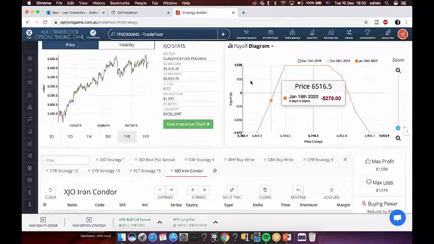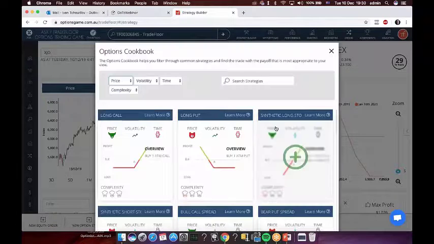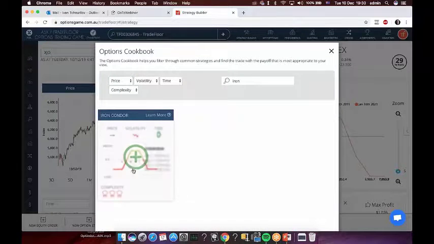If we go into the options cookbook and look at the Iron Condor, the image shows us exactly that. There are 4 points, A, B, C, and D, and we want the price to be somewhere between B and C for maximum profit, and closer to B if it's below B, or closer to C if it's between C and D. That's demonstrated by the green point.